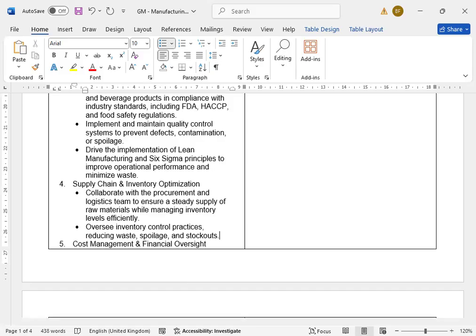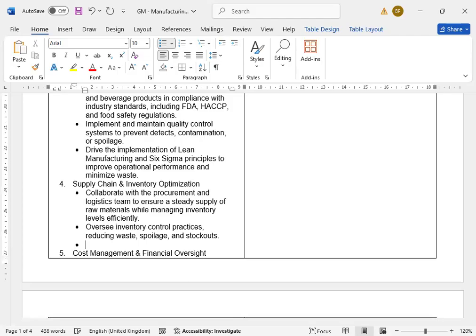This will not happen if the GM manufacturing will lead the team and initiate regular meetings, management committee meetings, so that they will not reach this situation where they are experiencing stockouts of raw materials.